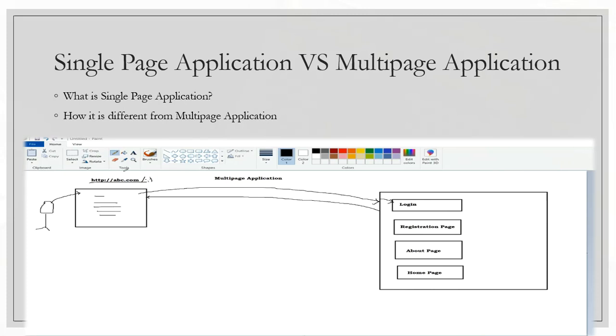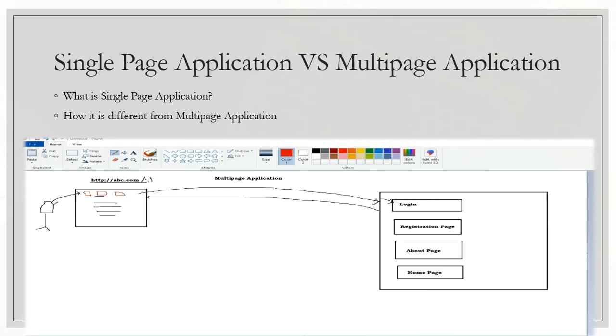Now suppose we have some links or buttons on the login page. Suppose one button is used for about us, one for contact us, and one for the registration page.